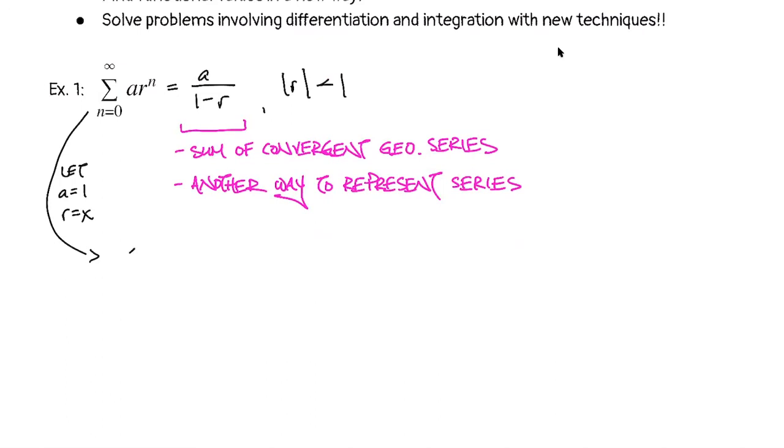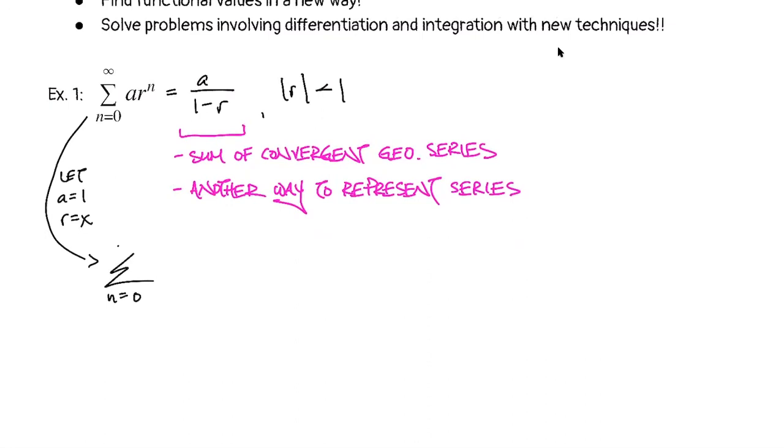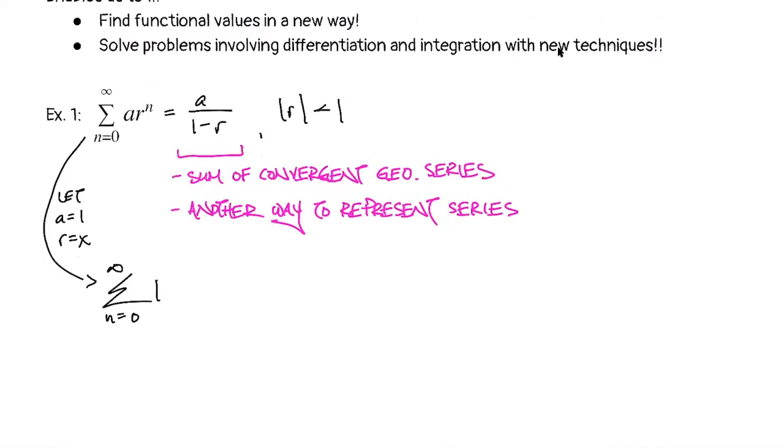That's going to give us the sum from n equals 0 to infinity of not a, but 1, and not r, but x to the power of n. Do those substitutions make sense? Yes.